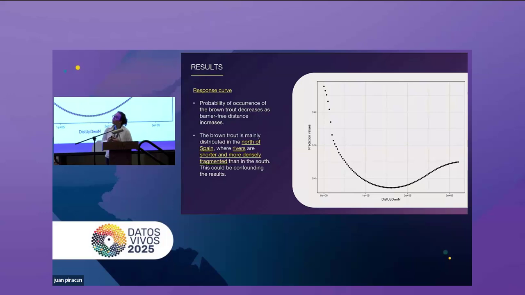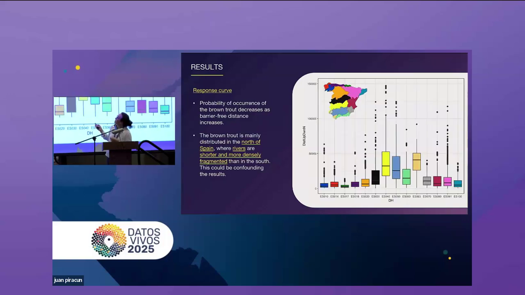And what we think is happening here is that, well, this is a map of mainland Spain and the river basin management units. And as we saw earlier, the brown trout is mainly distributed in the north of Spain, which is where rivers are shorter and more densely fragmented.